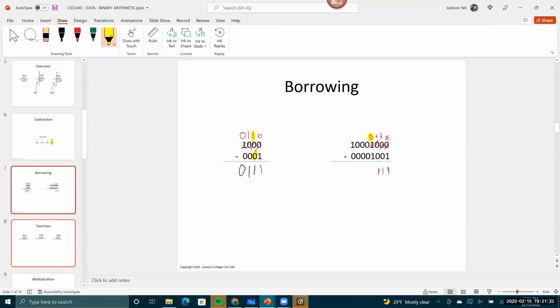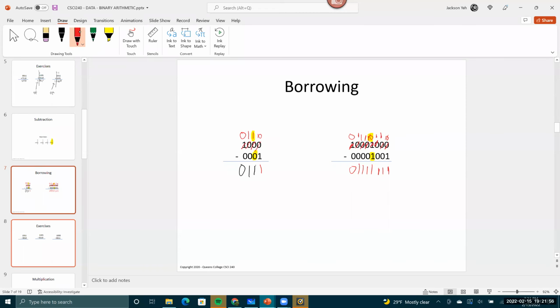I have 0 minus 1. I can't do it. So I have to borrow again. So where am I going to borrow from? I look to the left, and it's all the way down here. So this becomes a 0, this becomes a 1, 1, 1, and now this is 2. So 2 minus 1 is 1, 1 minus 0 is 1, 1, 1, 0.